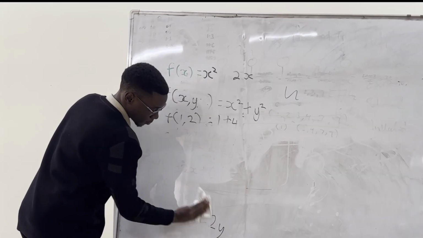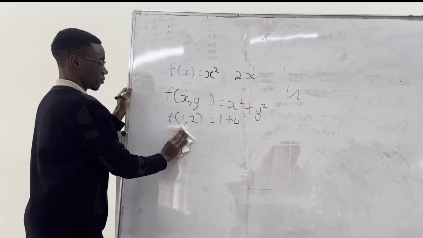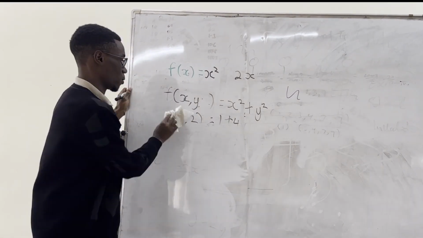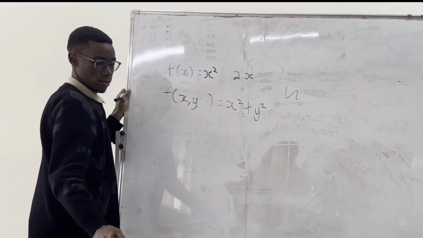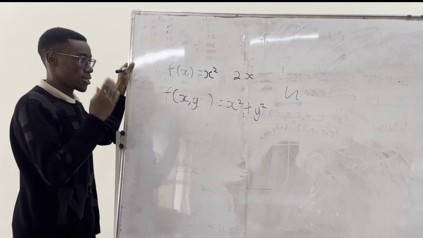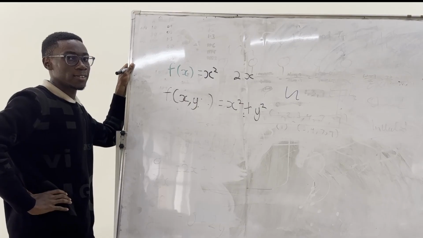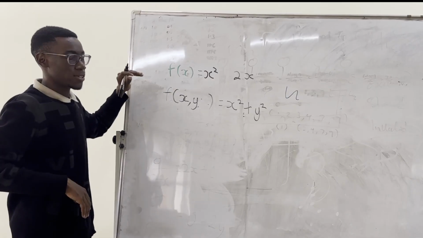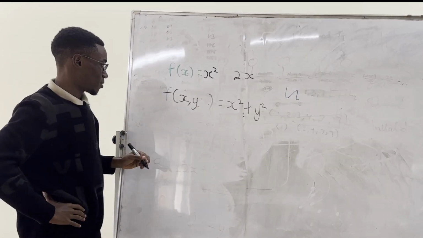So now that takes us to finding the gradient. With single variable functions, we just let the first derivative be equal to 0.